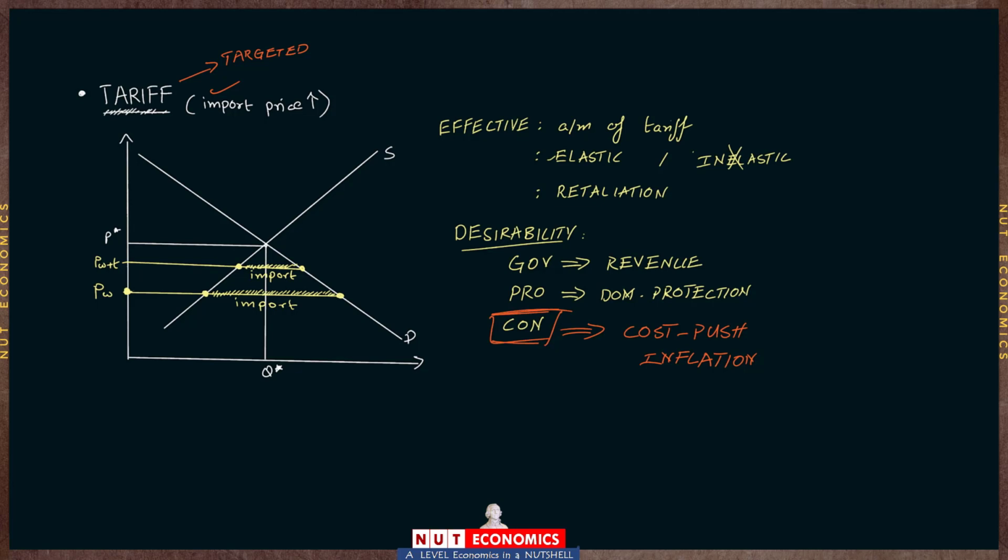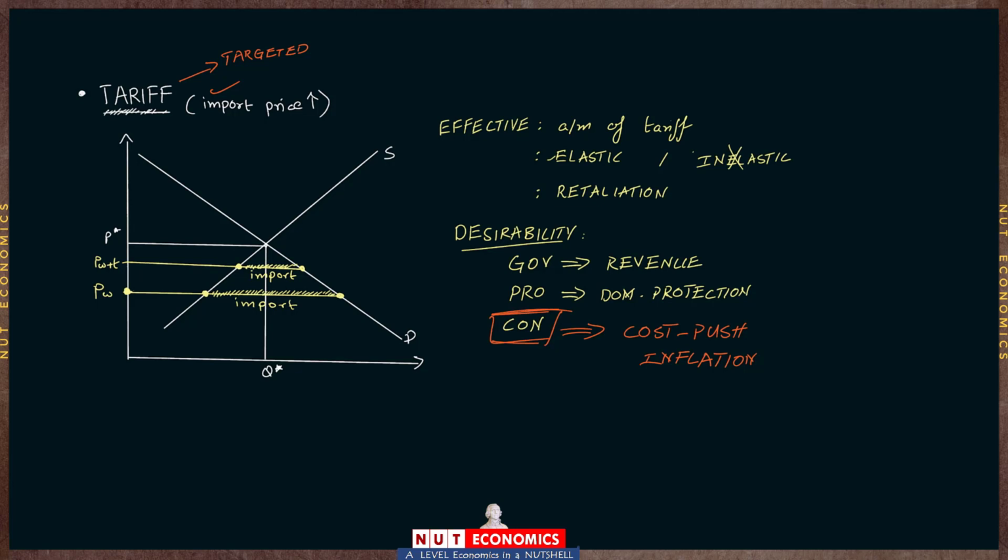So if you want to impose tariffs, you don't put these tariffs on imported petrol. You won't put these tariffs on imported energy. You won't put these tariffs on imported machinery and raw materials. Instead, you try to pick and choose and target unnecessary luxury products such as cosmetics and chocolates and video games and things like that.